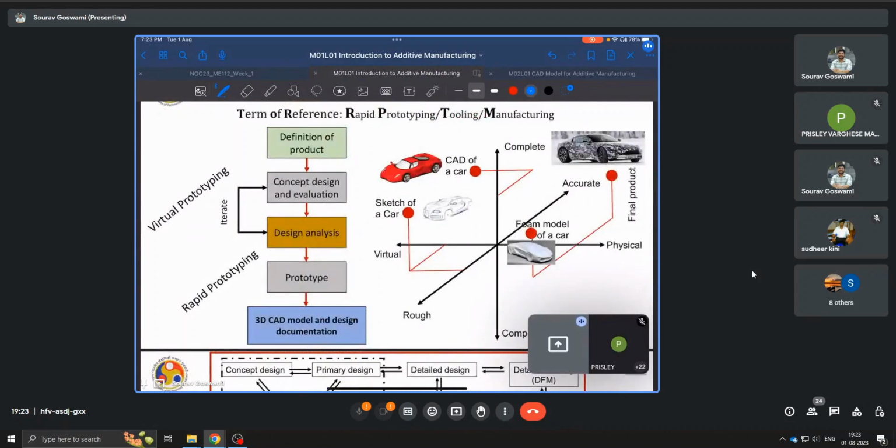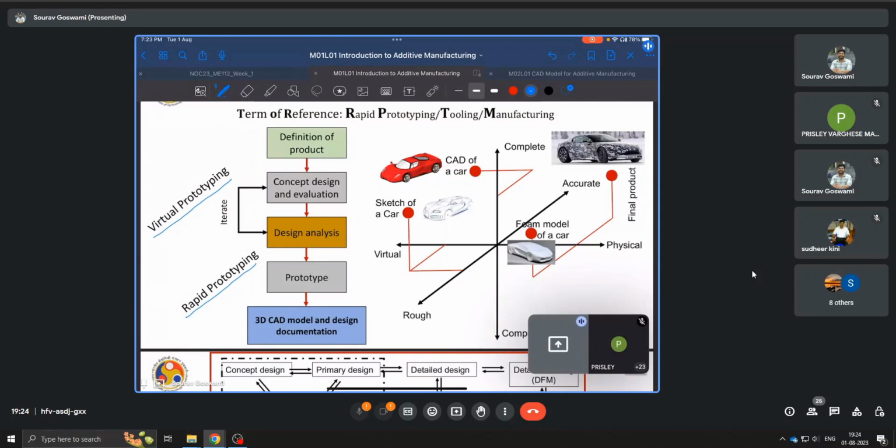Here the flowchart actually depicts the difference between virtual prototyping and rapid prototyping. So rapid prototyping is where you are actually generating a product. It might be a scaled version, it might even be full scale, but it's a prototype. Whereas virtual prototyping exists only in your computer. It's a CAD model. You can simulate with it. You can run some simulations.